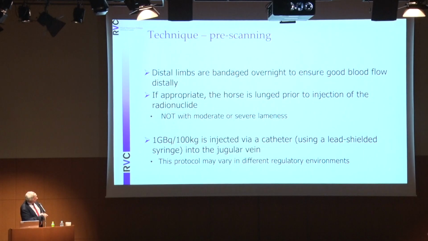So the dose we use is 1 gigabecquerel per 100 kilos, and that is injected via a catheter into the jugular vein.